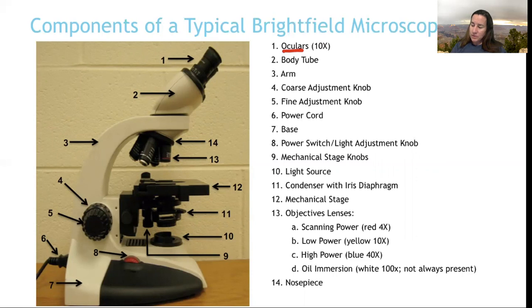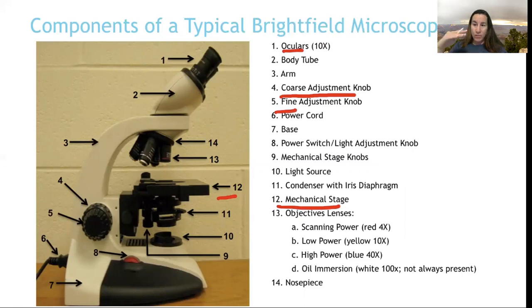You're going to put your slide on the stage right here, and you're going to put the slide under side clips that will keep your slide in place. You will move the stage up and down with your focus knobs. So you've got the coarse focus knob and the fine focus knob, and that lifts it up and down. So that's going to be your focus.